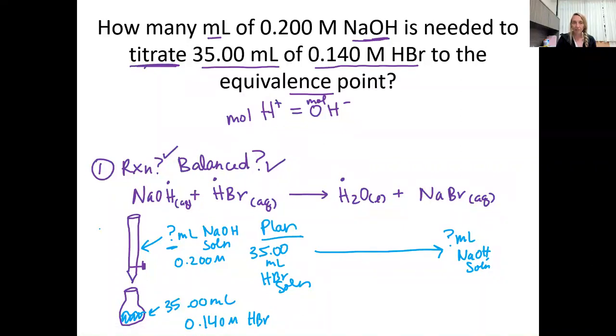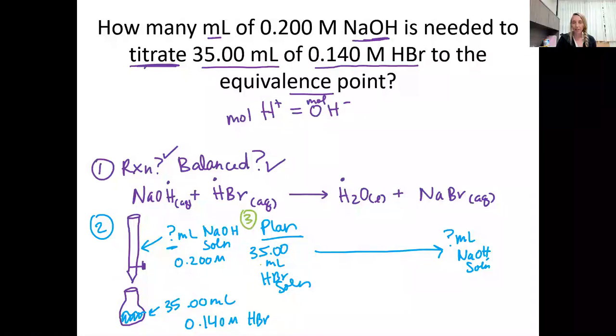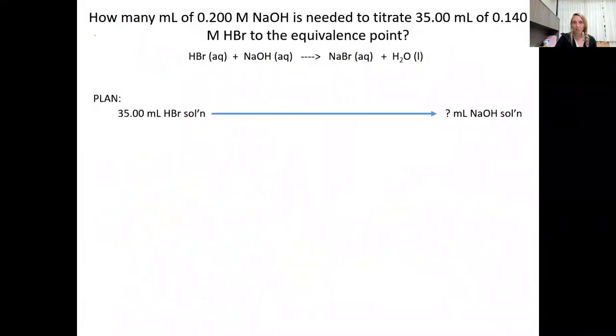Right? So I wrote my reaction. Step 2 is I pictured what was happening. And step 3, I started outlining my plan, right? What I have or what I can hold, what I know the most information about, to what I'm looking for. Okay, I'm going to go to the next slide. I have my question here at the top. I have my balanced chemical equation written afterwards, and I've started my plan, right? I start with my milliliters of HBr solution and my milliliters of sodium hydroxide solution.